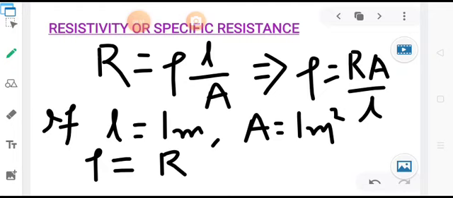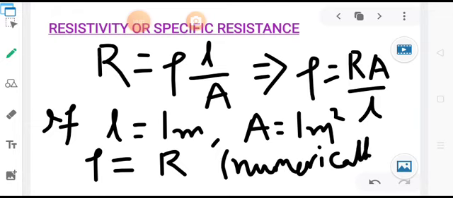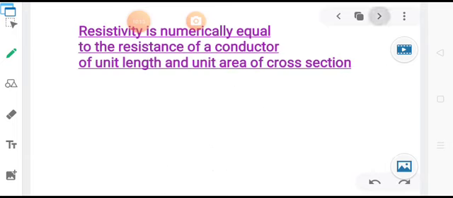In this formula, if you put A equal to 1 and L equal to 1, then obviously rho will be equal to R, but that will be numerically, isn't it? So using this situation, we can define specific resistance or resistivity as this. Resistivity is numerically equal to the resistance of a conductor of unit length and unit area of cross section.